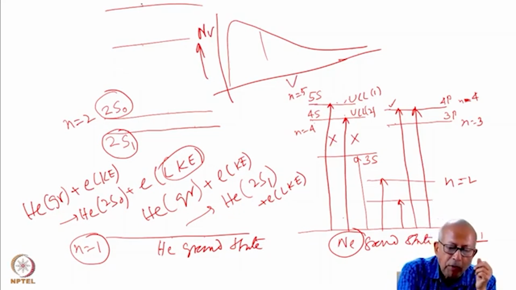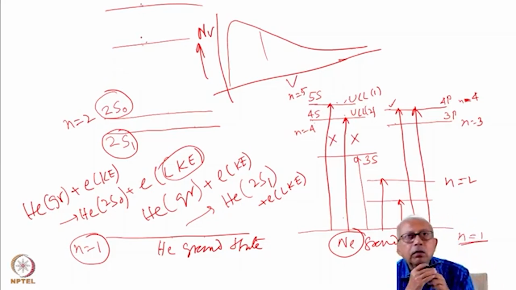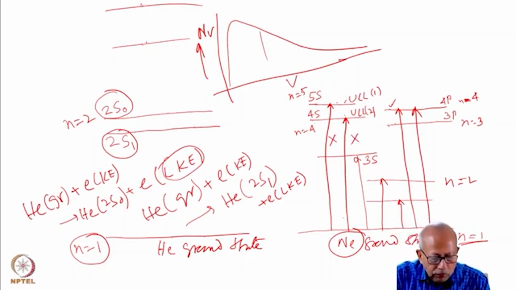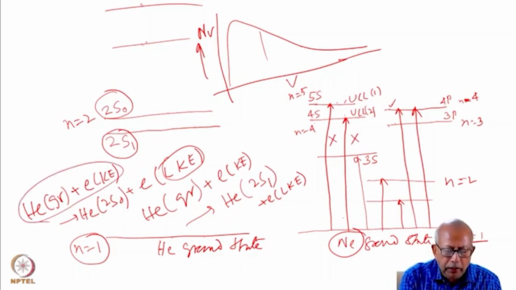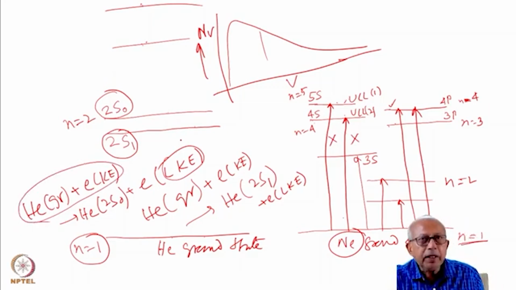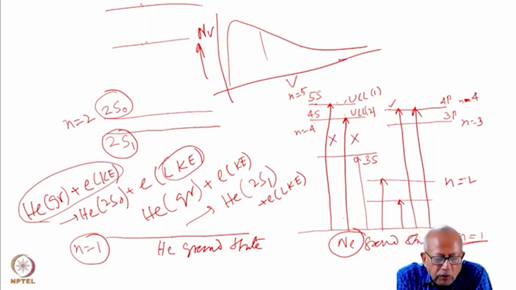Therefore, they will be populated, but not as much as these levels. So, if you look at this, the collision of helium with electrons will invariably bring a large number of helium atoms from the ground state to this level or this level.